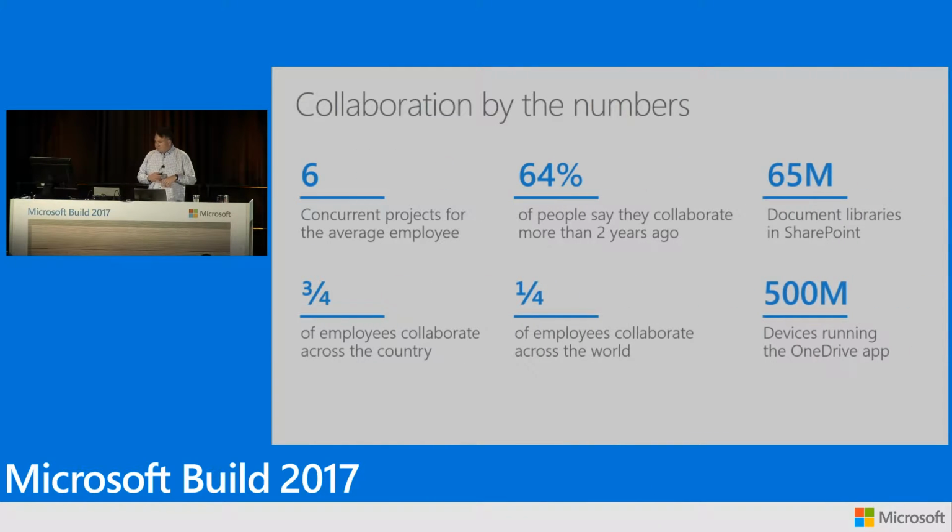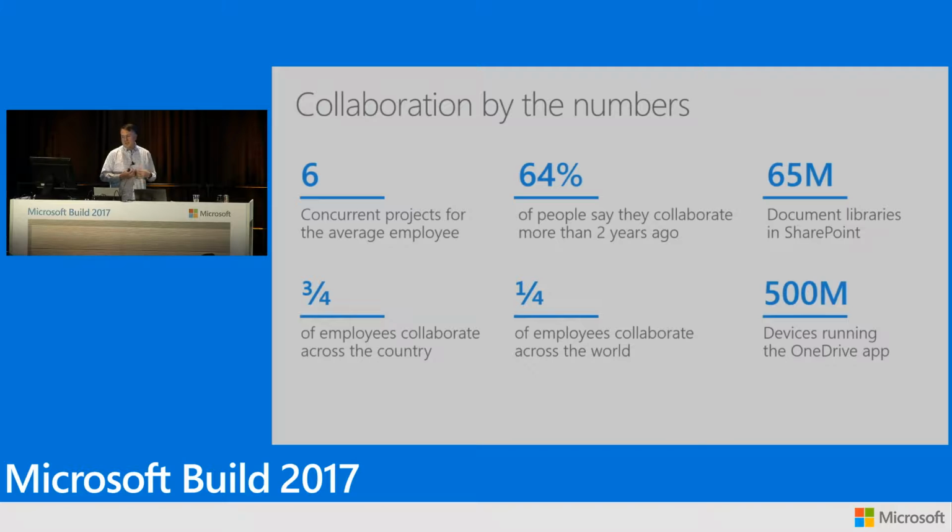When we look at collaboration, I like to break it down into a few different numbers. The average employee in an enterprise works on 6 different projects and is collaborating with a number of different people. 64% of people are collaborating more now than they were a few years ago. And 65 million document libraries exist in SharePoint Online. That's 65 million different places that people have created for their teams and groups, in addition to all of the OneDrive for Business drives and OneDrive drives where people are collaborating on content.